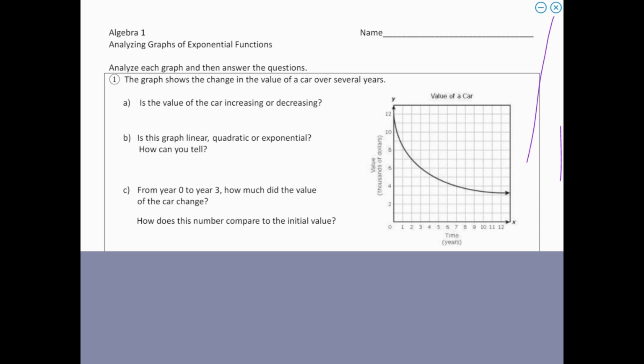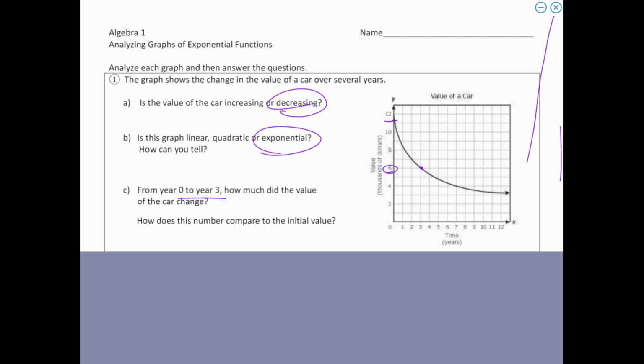Looking at this graph really quick, is this going to be an increasing or decreasing graph? Decreasing. Self-explanatory. Exponential, because that's the kind we've been talking about. From year 0 to year 3, how does it change? It starts out at 11 and goes down to 6.